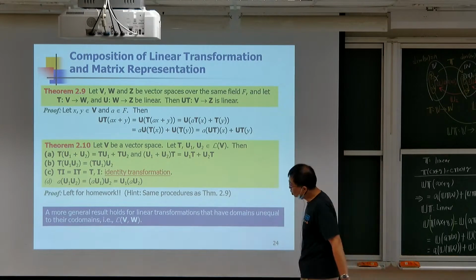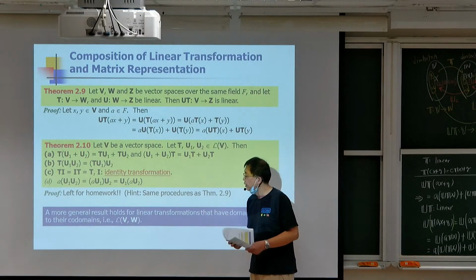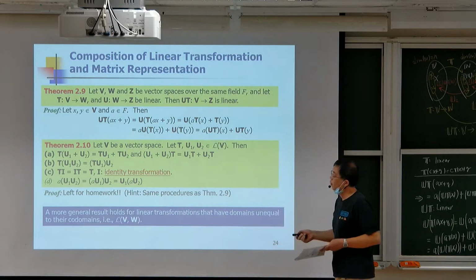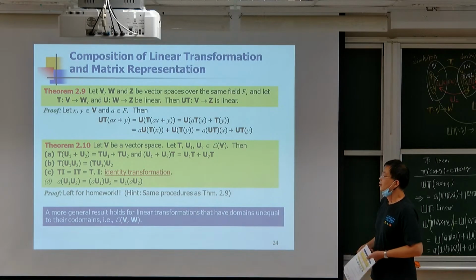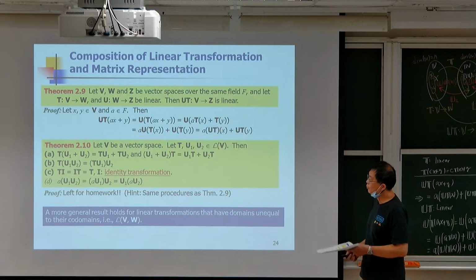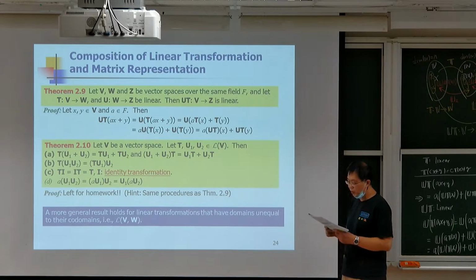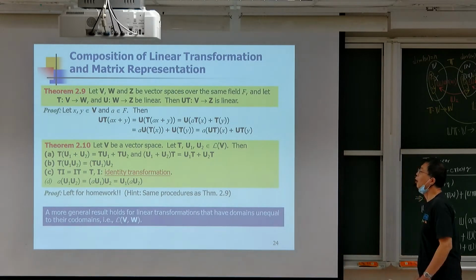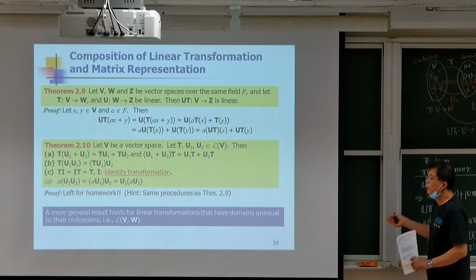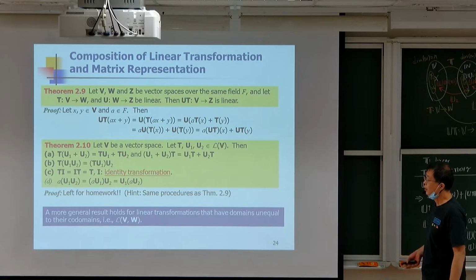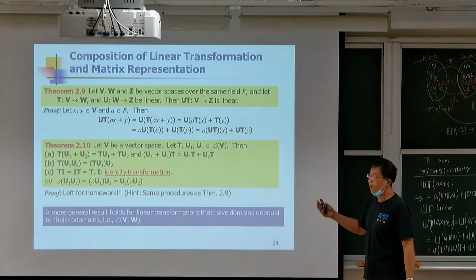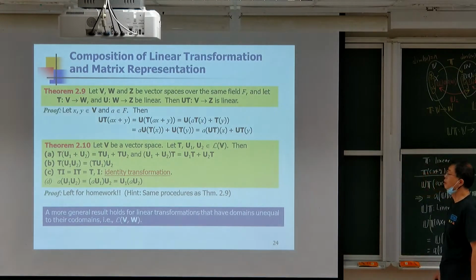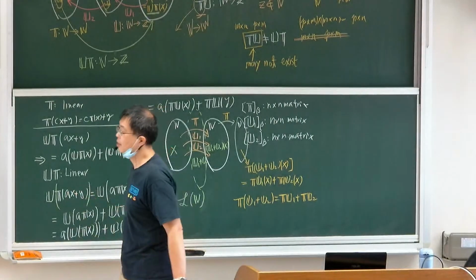Okay. So actually, the following four statements are simple, and the proof is quite straightforward. So I'm not going to prove them in detail. I will leave them for you as your homework, or as your exercise.